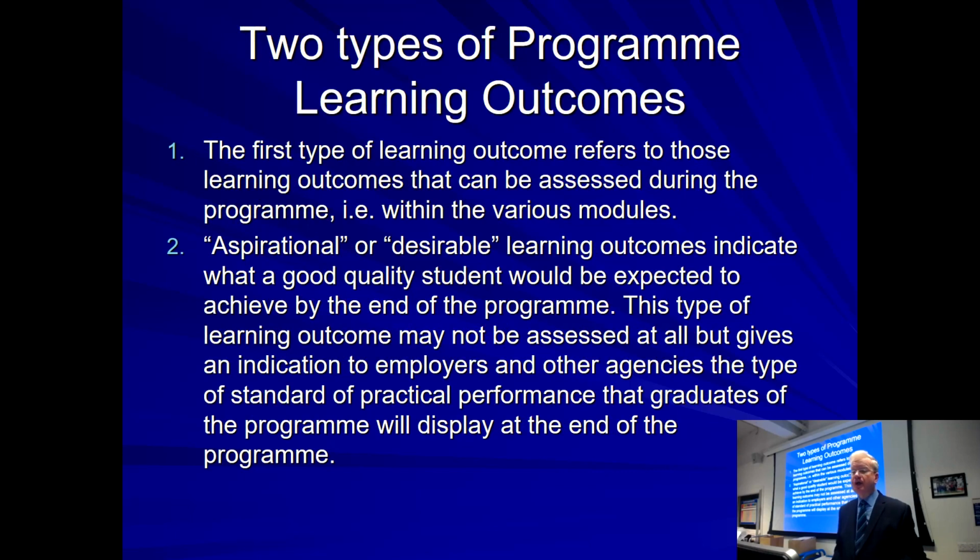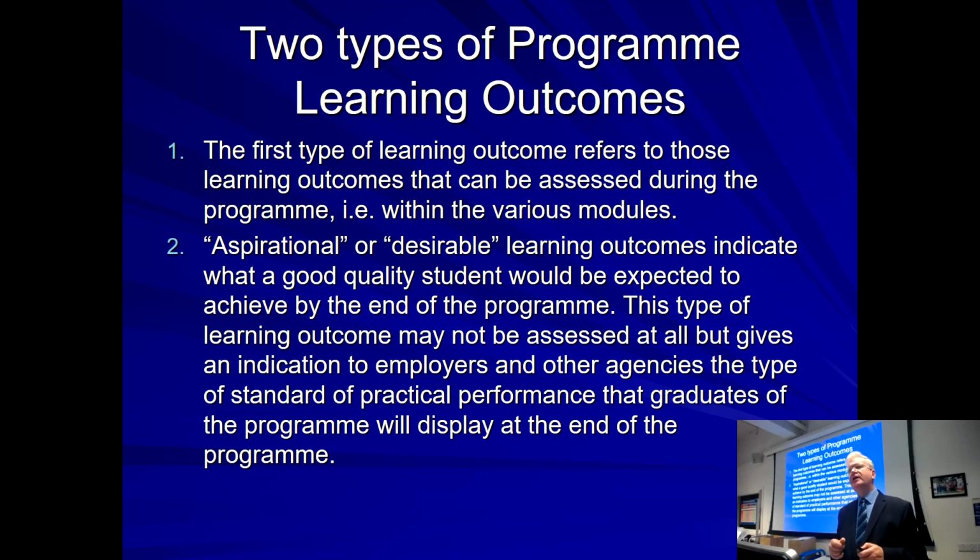Now, there are two types of programme learning outcomes. The first type are the learning outcomes that you yourself have assessed in the programme over the 4 years, say, of an undergraduate programme. These are the learning outcomes for each module that each of the lecturers on the course would have assessed.